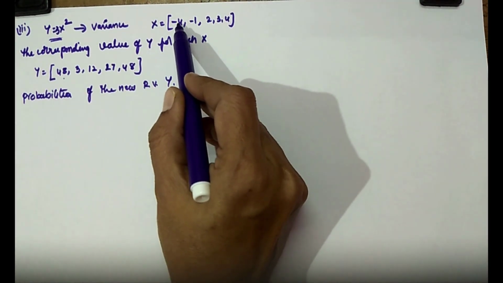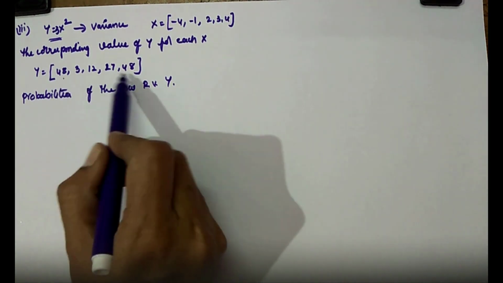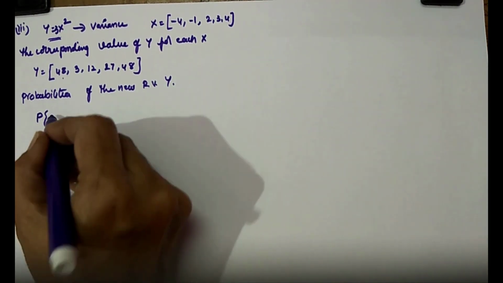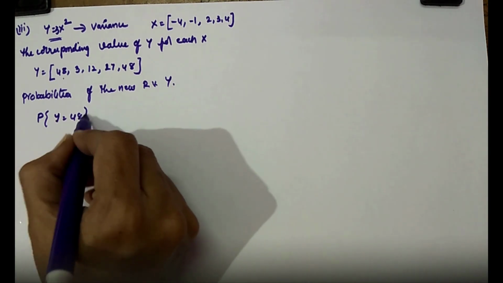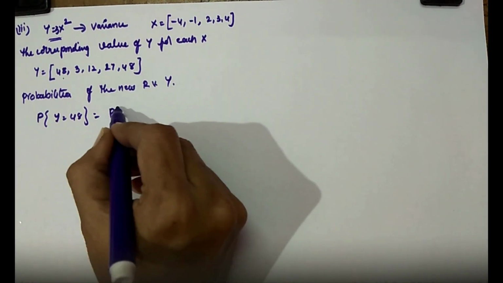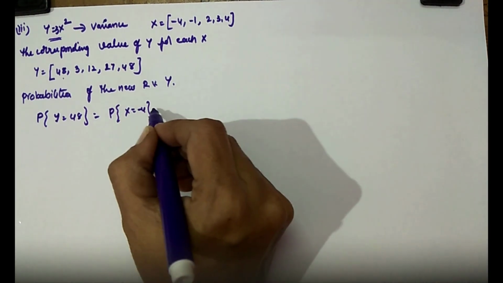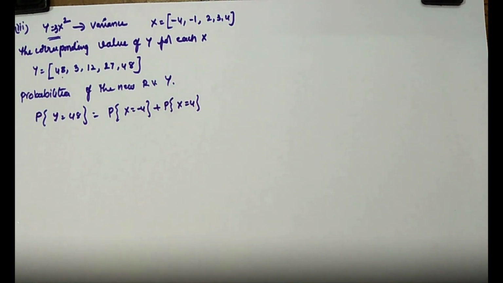Here x values -4 and 4 are mapped to the y values 48 and 48. So in this case you have to find probability of y equal to 48 is probability of x equal to -4 plus probability of x equal to 4. Like this you have to find.